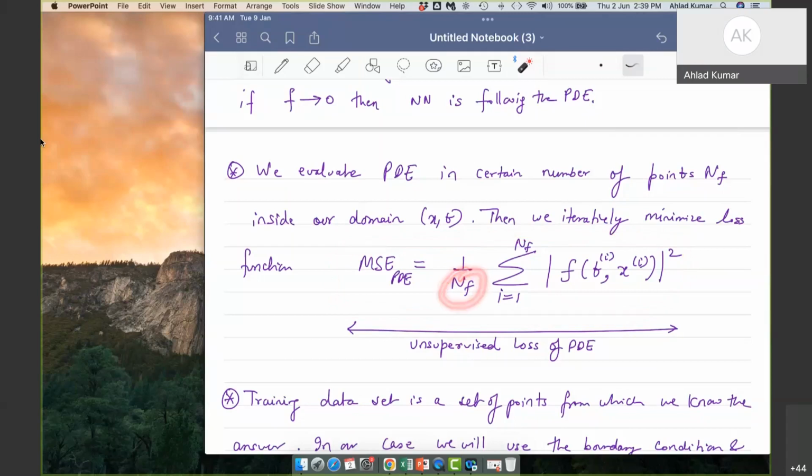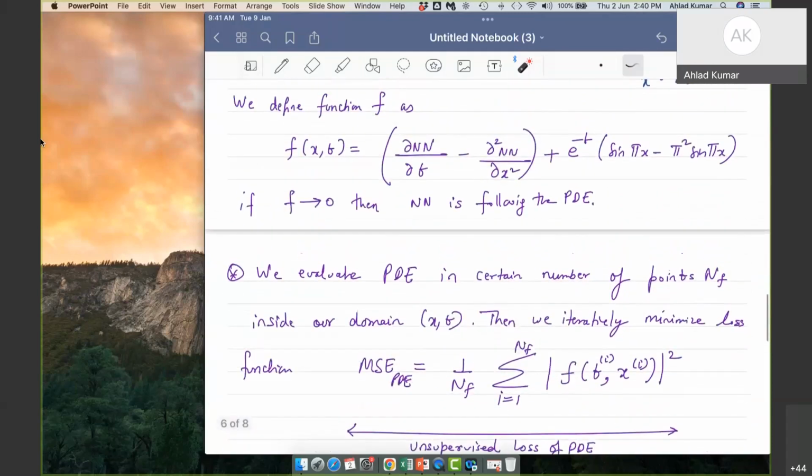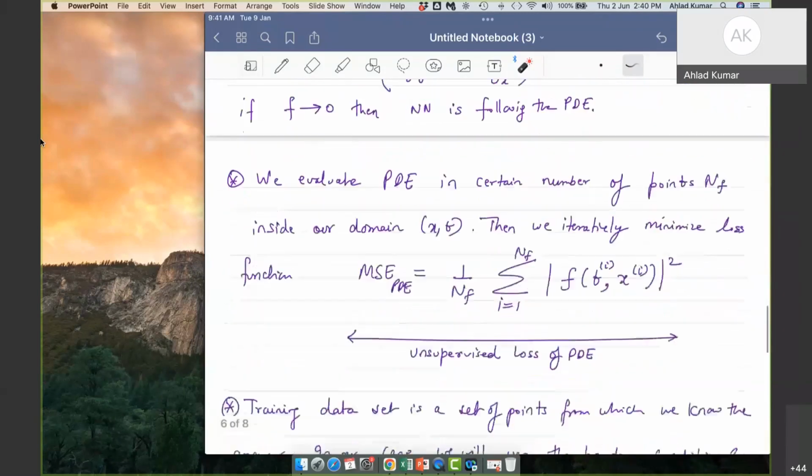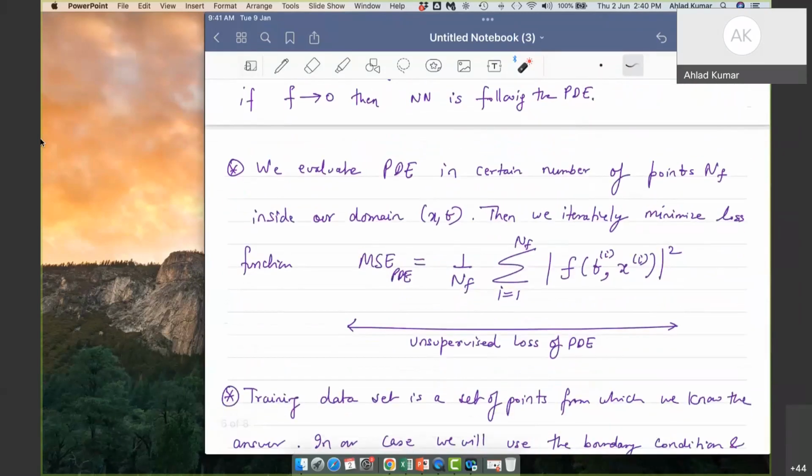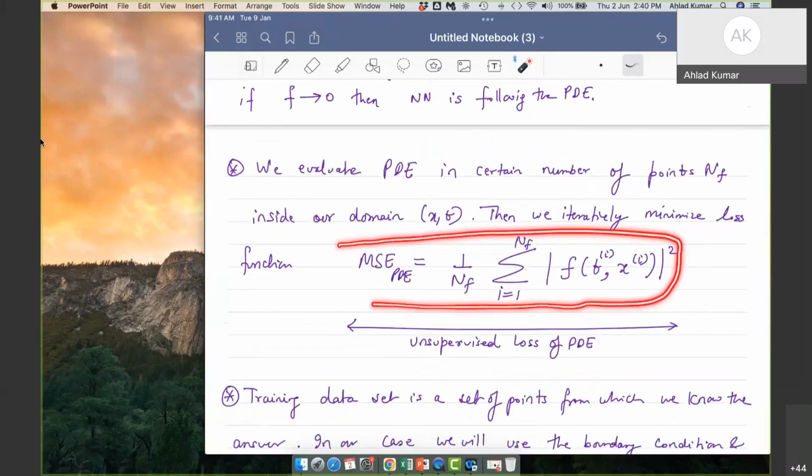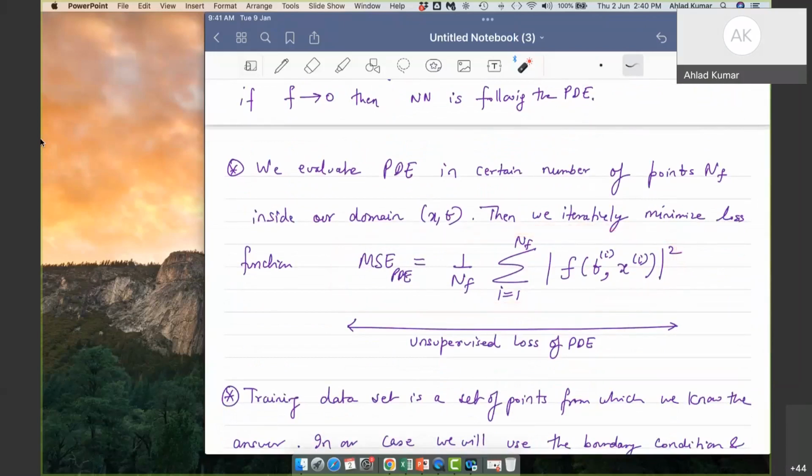So you are doing a 1 by Nf summation of all these points running from 1 to Nf, using this particular f(x,t), squaring it, and feeding in the values of xi and the corresponding ti. When you square them up and sum them up, it gives you a loss function, which is a mean square error loss function, also called an unsupervised loss function.